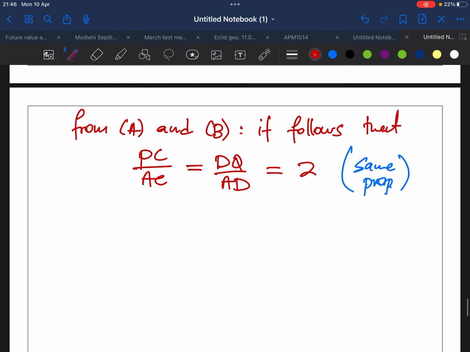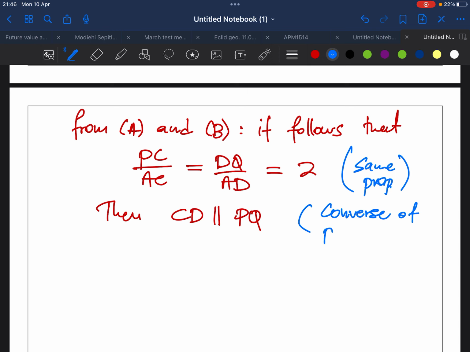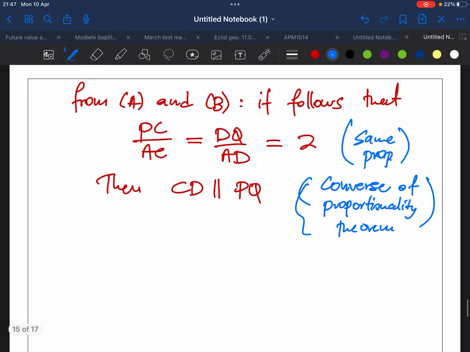So if the above is true, then we know that CD is parallel to PQ. This is just the converse of the proportionality theorem.